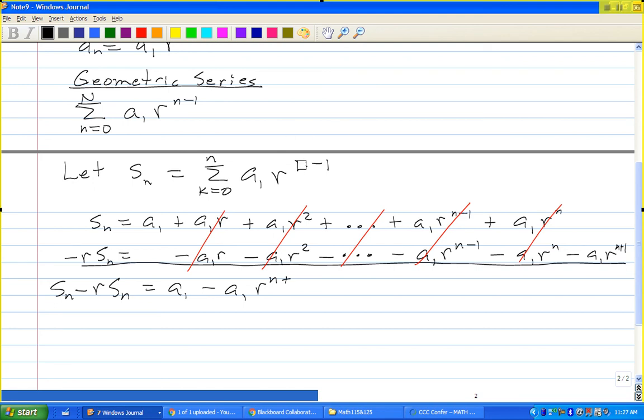Oh, this was n minus 1. Shoot, so that's r to the n. Notice the last term in here when I put in n was n minus 1. Okay, so sorry about that. So now let's factor out S sub n. Let's factor out a1.